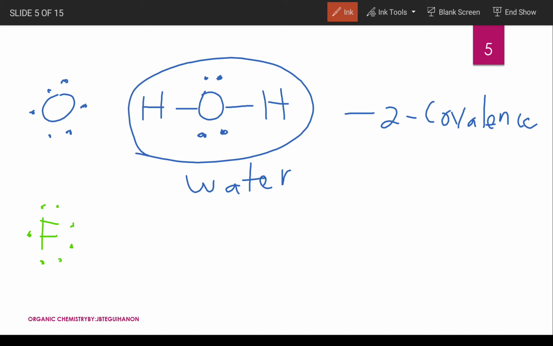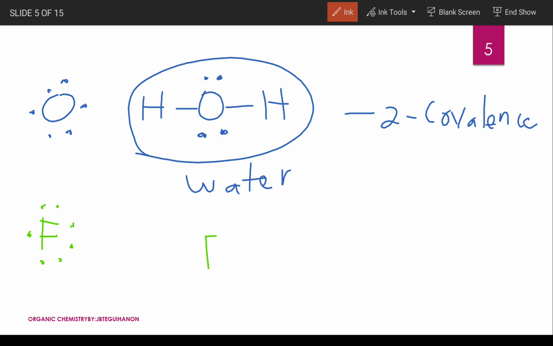So when you draw the structure of compounds with H or with hydrogen, it's going to be like this.